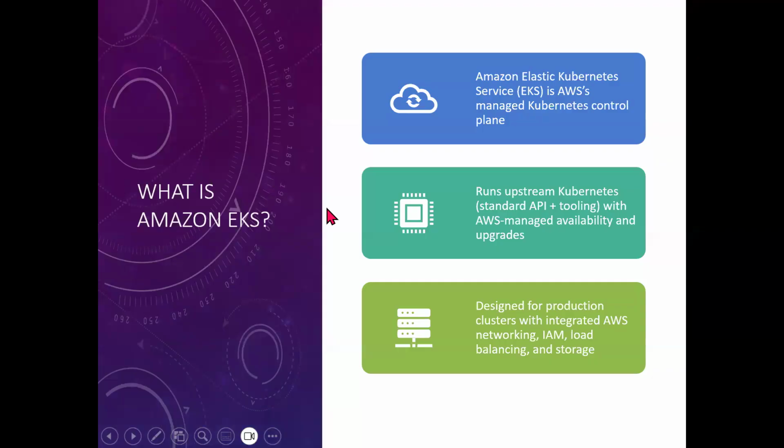So what is EKS? Elastic Kubernetes Service is the AWS managed Kubernetes control plane. It runs upstream Kubernetes with standard API tooling, with AWS managed availability and upgrades.